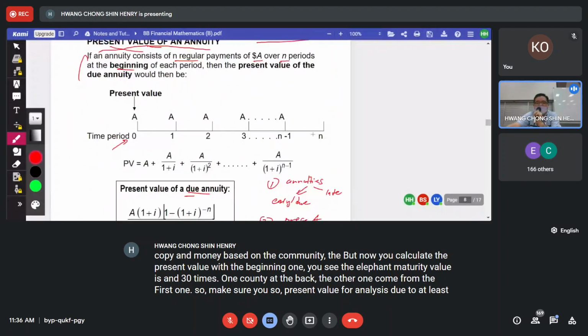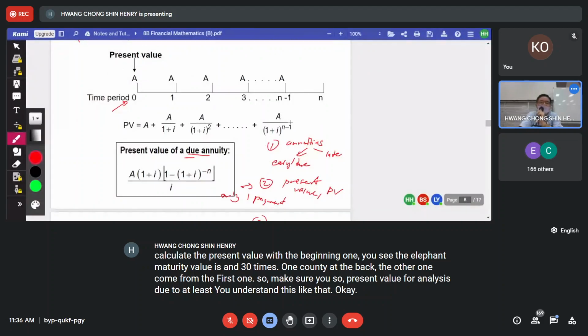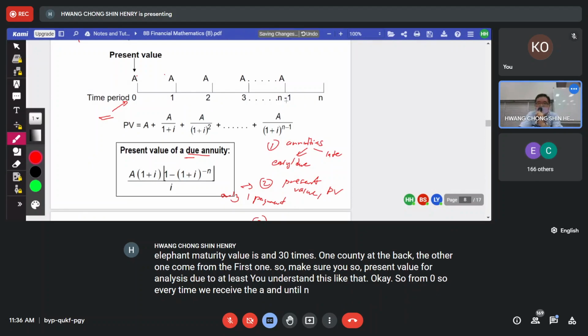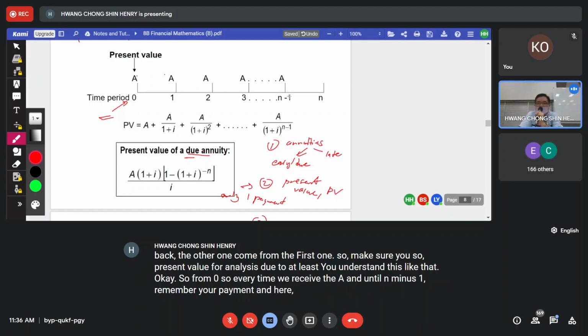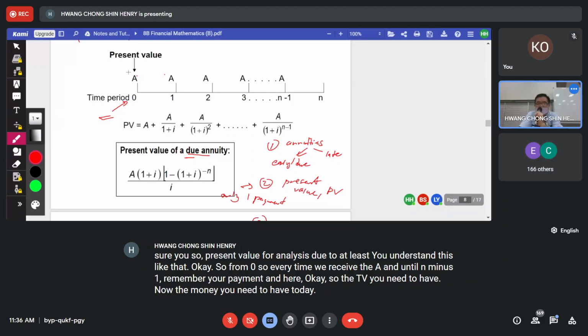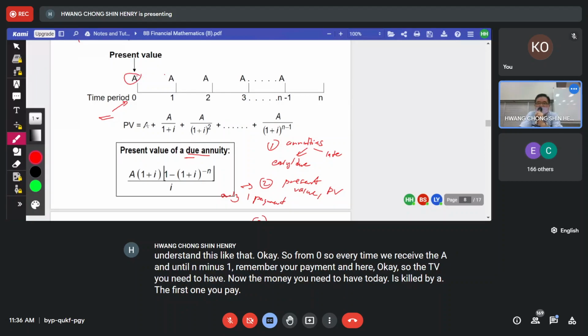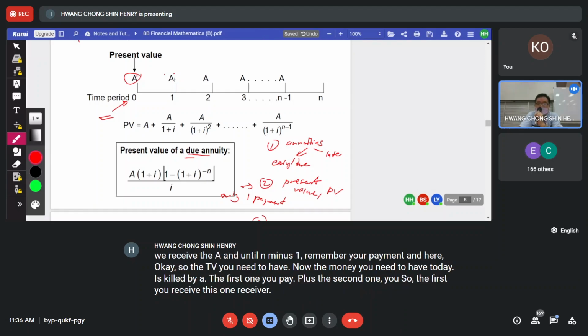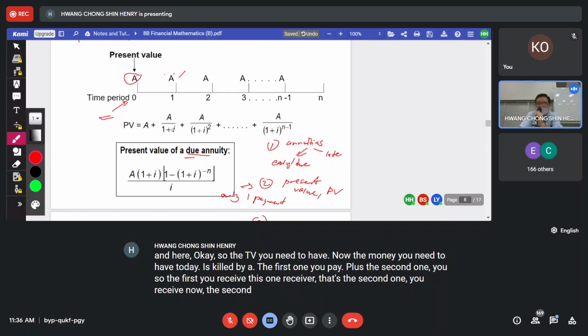So present value for annuities due is early. If you understand this diagram, okay, start from 0. Every time you receive the A until n minus 1, remember your payment is early. So the PV, the money you need to have today, is given by A, the first one you receive, plus the second one you receive, A divided by 1 plus I. Why divided by this?